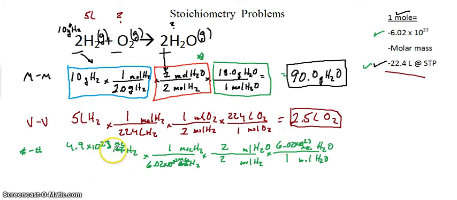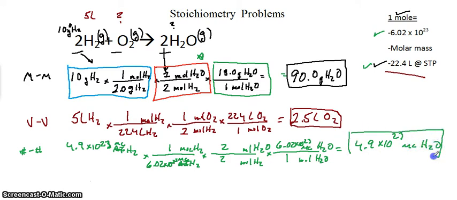So basically what I'm left with here is 4.9 times 10 to the 23rd molecules times 1 over 6.02 times 10 to the 23rd, times 2 over 2, times 6.02 times 10 to the 23rd over 1, and you'll notice basically all of this is going to cancel, and so my answer is going to be 4.9 times 10 to the 23rd molecules of H2O. And so that would be going from atoms to atoms, or molecules to molecules, or formula units to formula units.